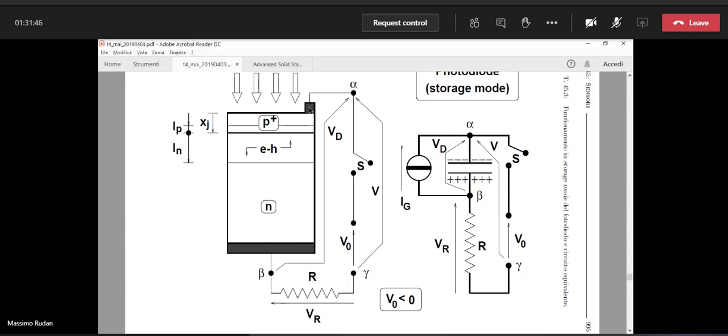These electrons and holes, in the neutral region of the p-type, are in a region in which the electric field is negligible. So they move by diffusion. And while they move, they recombine, because there is an excess of electrons and holes.